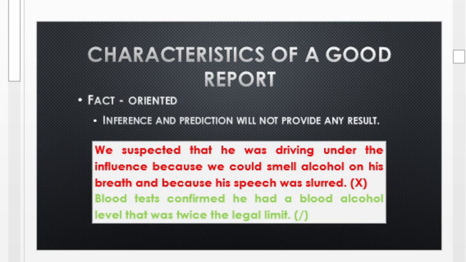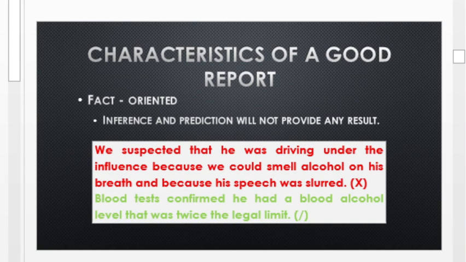Okay, because people would like to know, how do you know that this person has reached this level of intelligence, or when it comes to a project, how can you define that the bridge is strong? So you have to include facts to support your report.